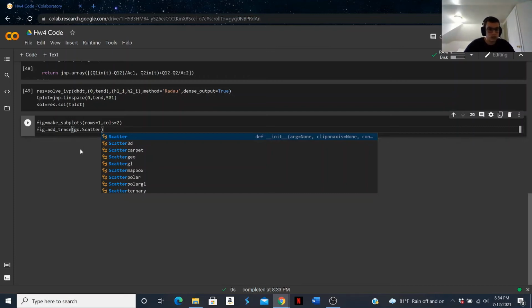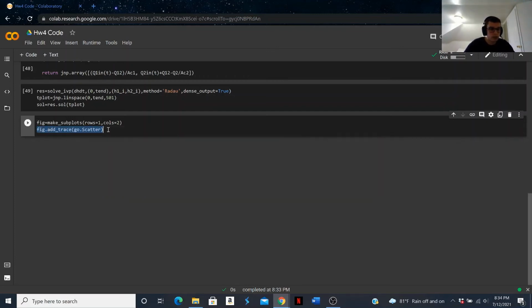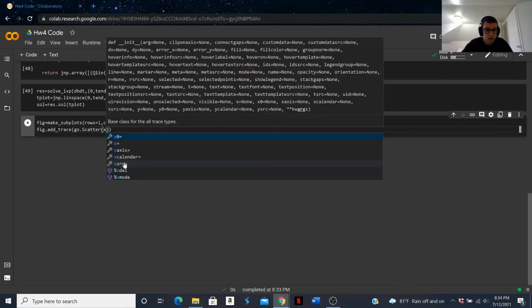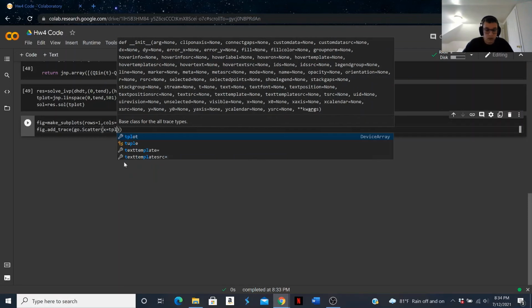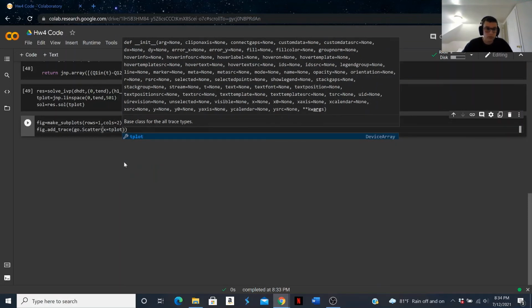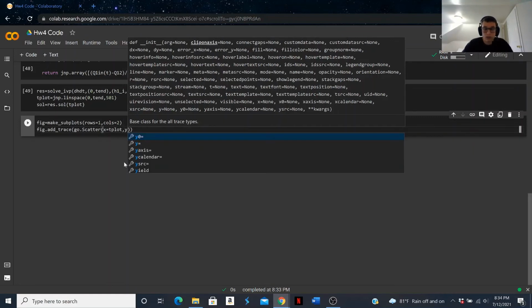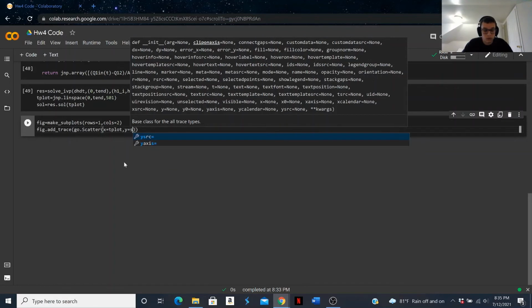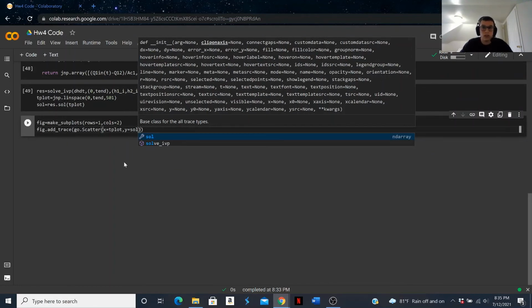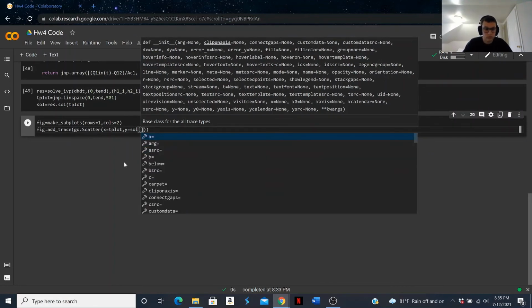I'll lay it out first. So we need our x-axis, right, is equal to t plot, our time as a linspace function, and then our y is equal to our sol 0.